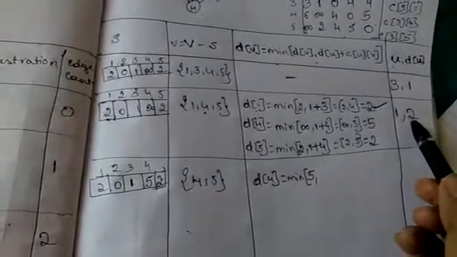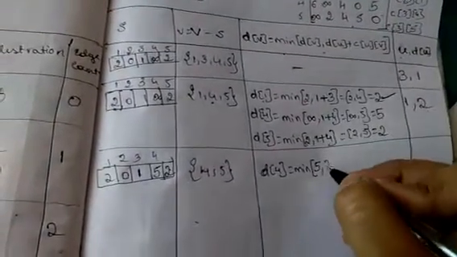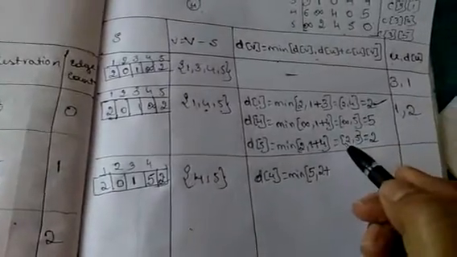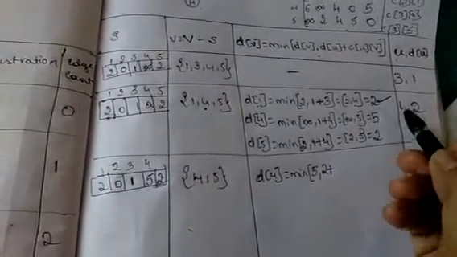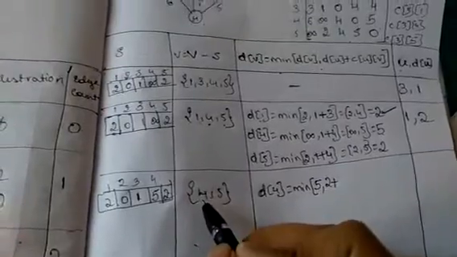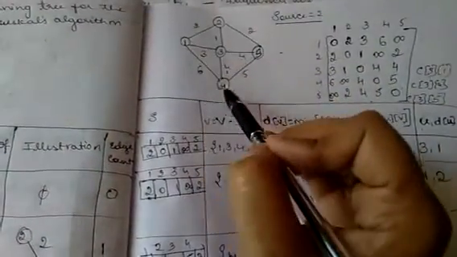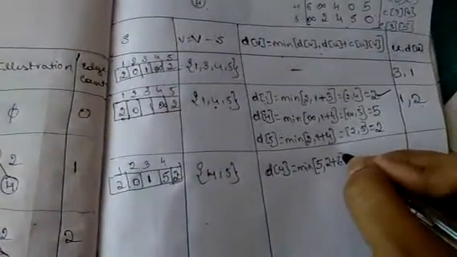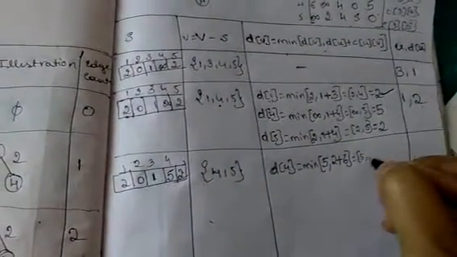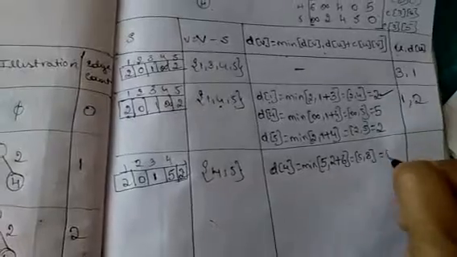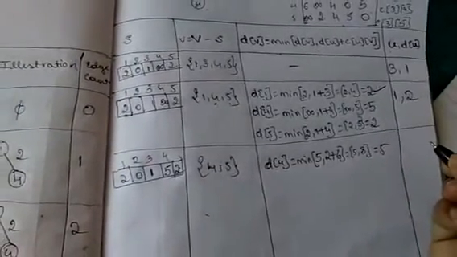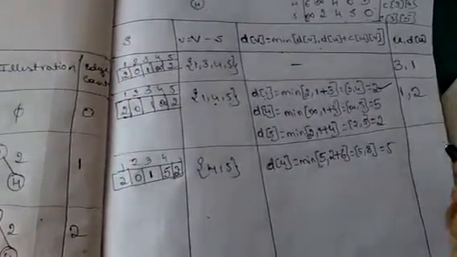A previous step value you have to take 2. Plus C of UV. U value is 1. V value is 4. 1 to 4. From 1 to 4, what is the cost? 6 is the cost. So I'll take 6. This is 5, 8, which is minimum. 5 is minimum. I'll just take 5. Okay. Next.